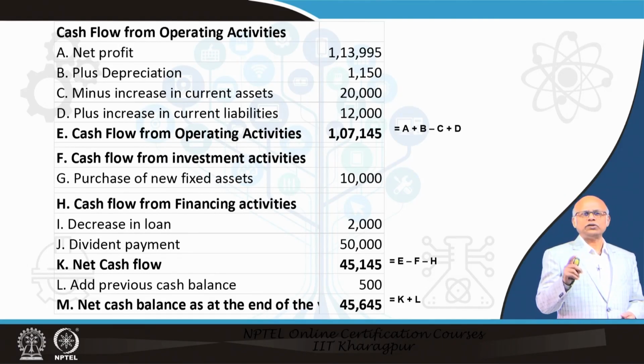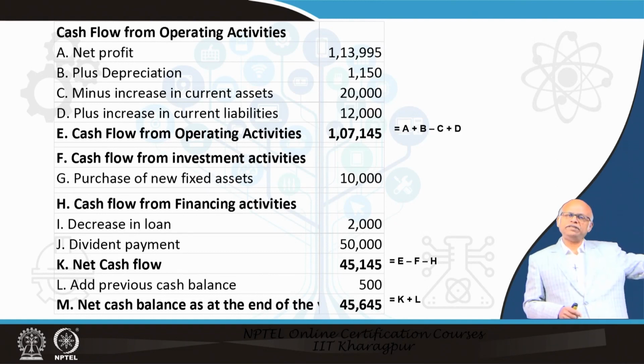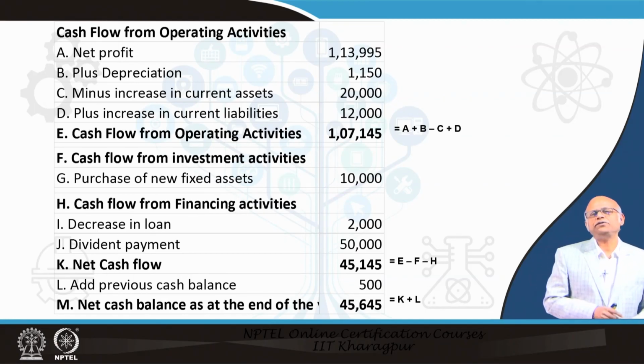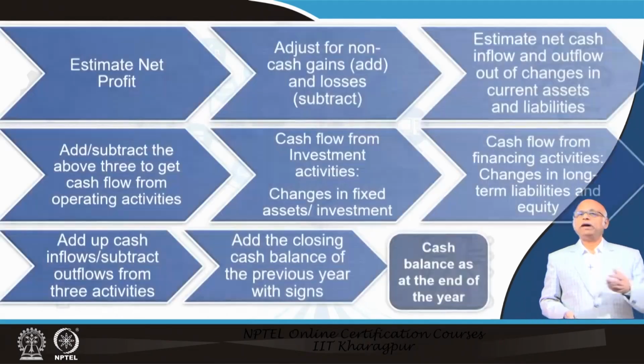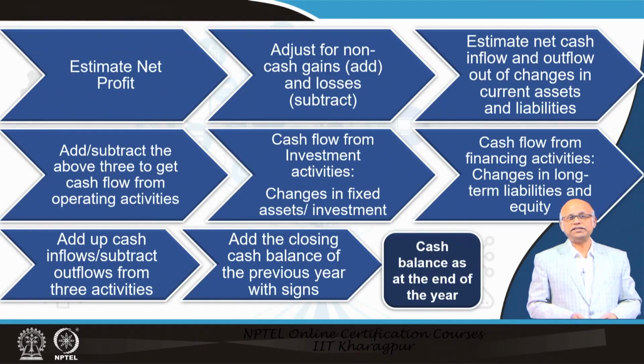So, total becomes 45,145. Now, look into the previous year's balance sheet and you will find that there was a cash of 500 rupees as at the close of business. Add them up, it becomes 45,645, and that is added to the balance sheet as cash balance. So, that is how the cash balance was this amount.